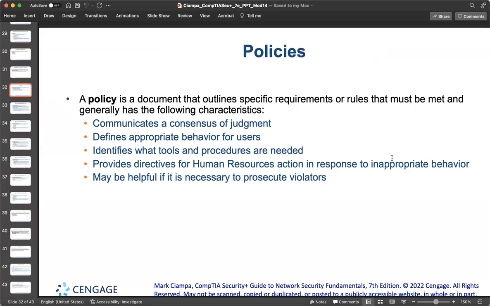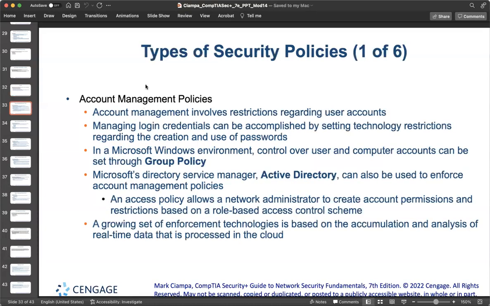A policy itself is a document that outlines the specific requirements or rules that must be met and generally communicates a consensus of judgment, defines appropriate behavior for users, identifies what tools and procedures are needed, and provides directives for human resource action in response to inappropriate behavior, and may be helpful if it is necessary to prosecute violators. So basically, you have to follow the policies or you're in trouble.